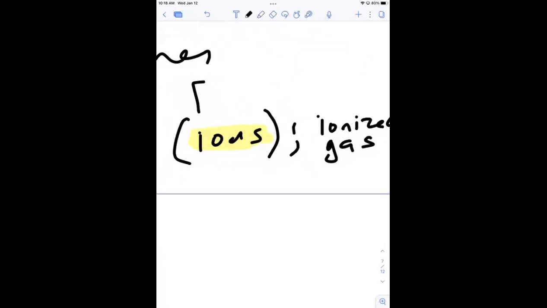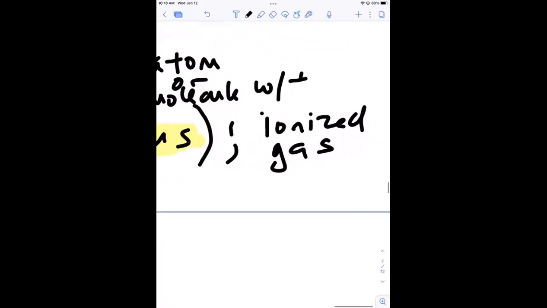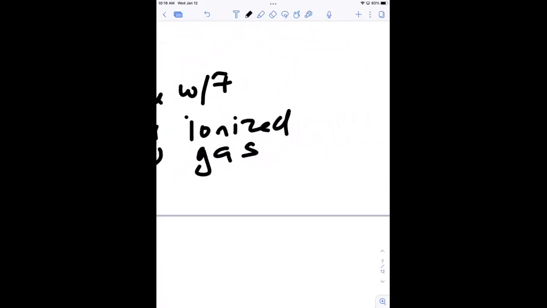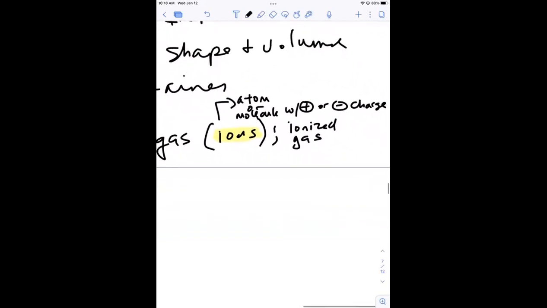So an ion is an atom or a molecule with a plus or a negative charge. Right? It's an atom or molecule that has a positive or negative charge.